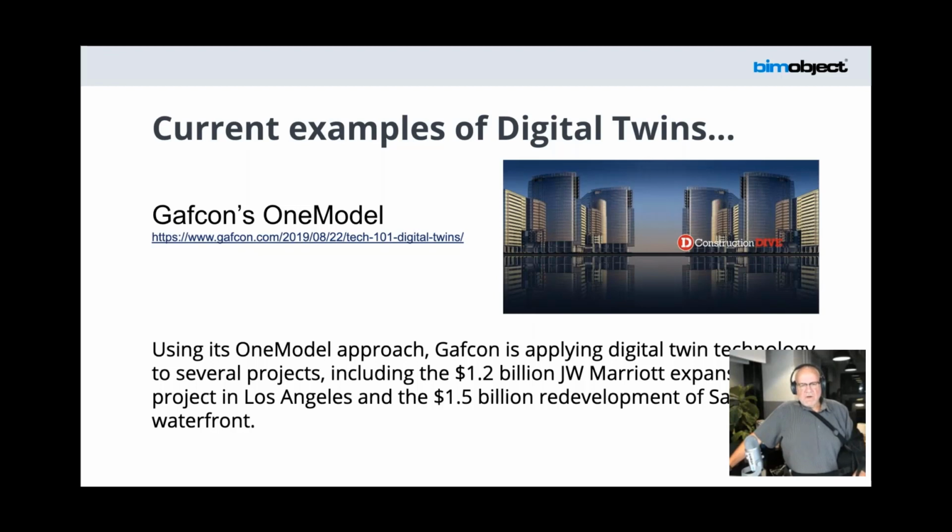This article that Construction Dive just did pointed out this $1.2 billion hotel expansion and a $1.5 billion redevelopment, all being done on what GAFCON's calling their one model. Again, they presented at BIMobject Live last year. John Turner, if any of you were there, did a great job and kind of shared with us how they were leveraging this digital content and bringing it into a usable structure for creating a digital twin.